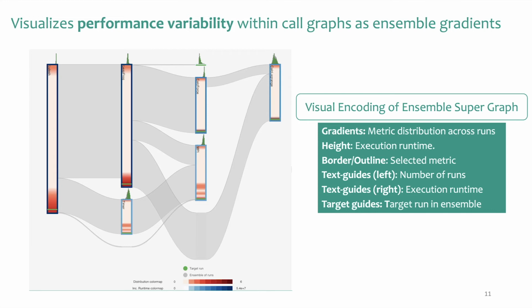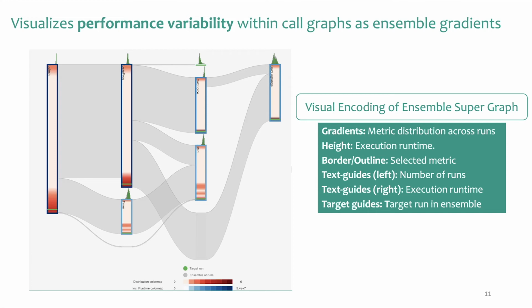This corresponds to the distribution of inclusive or exclusive metric by user's choice mapped vertically along the height of the node using a white to red color map. The colors are mapped consistently across all nodes to allow evaluation of distribution not just within a single node but across supernodes as well.